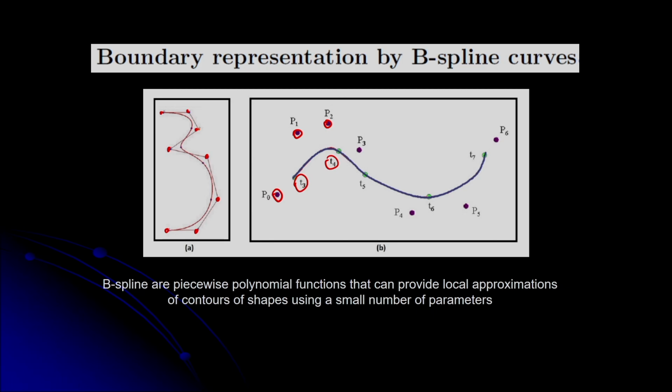These are the knot points. And I need a set of coefficients, one for each control point. All the curve segments are joined together, satisfying certain continuity conditions, and the degree of the B-spline polynomial can be adjusted to preserve the smoothness of the curve to be approximated.